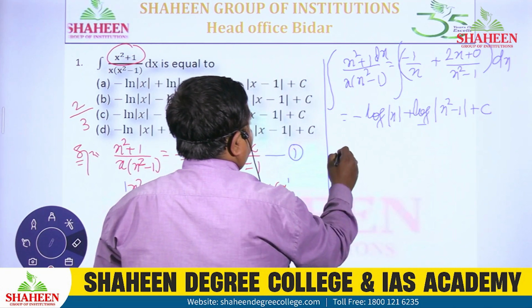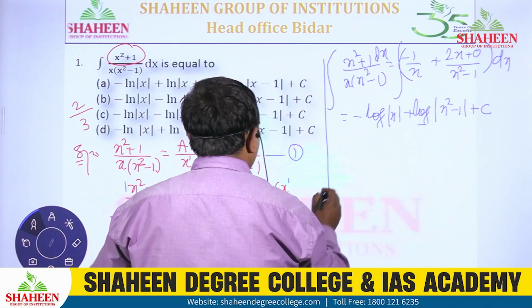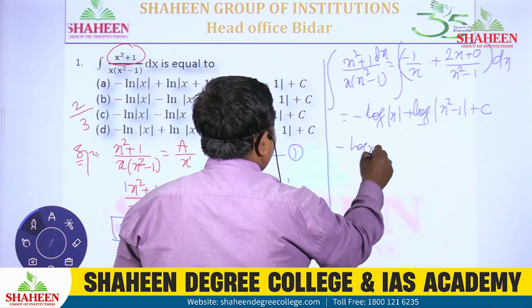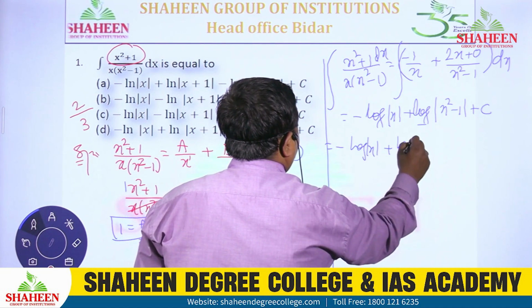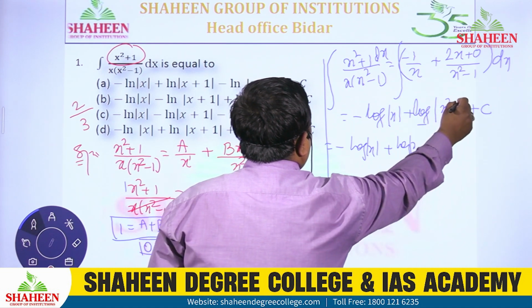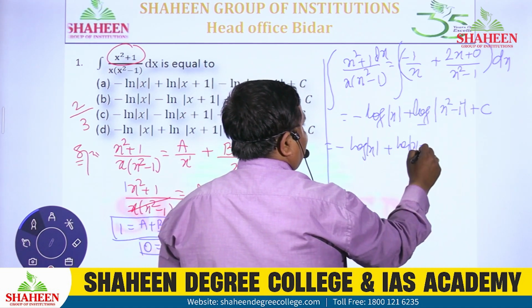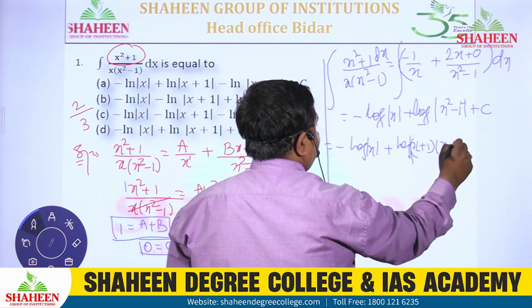Okay, so this can be written as minus log x plus log of x square minus 1, and x square minus 1 can be written as x plus 1 into x minus 1.